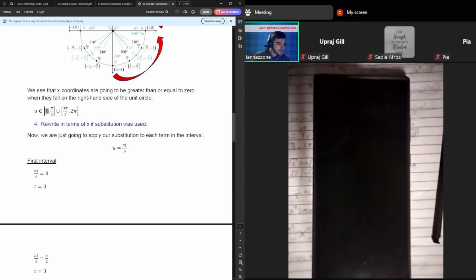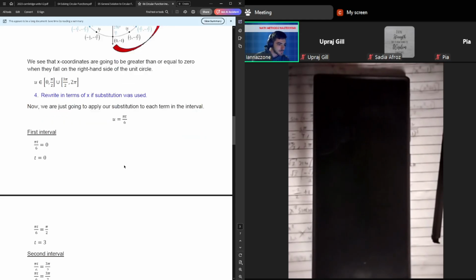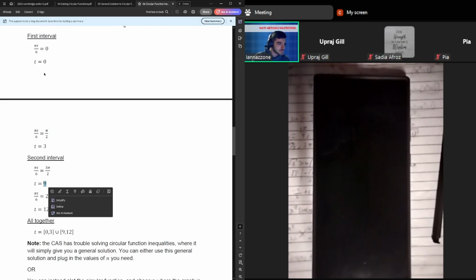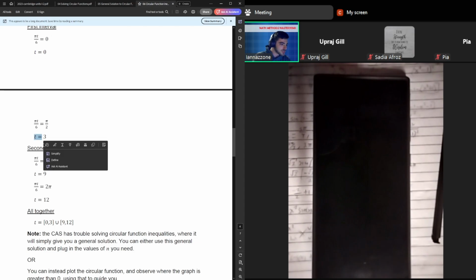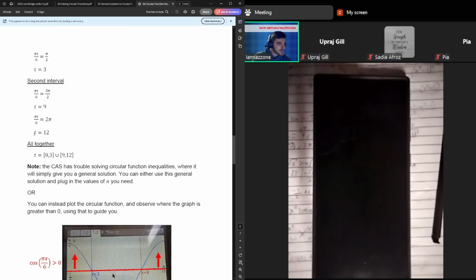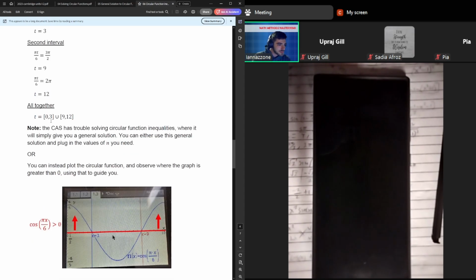So again, you're going to replace all these u's with those values, and then rearrange for t each time. You'll see a pattern. There's usually always a pattern. So if you see you're going from 0 to 3 to 9, you can maybe skip some steps a little bit, but that's a bit risky. But yeah, that's pretty much it.